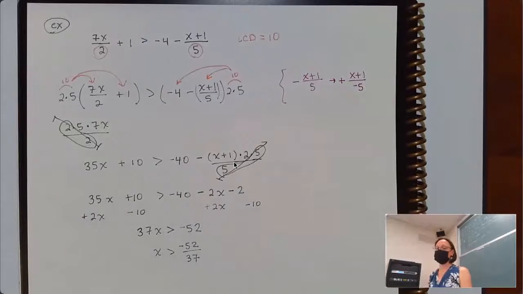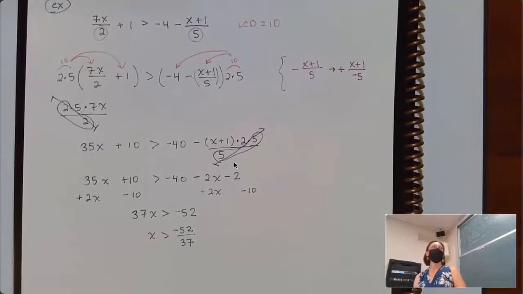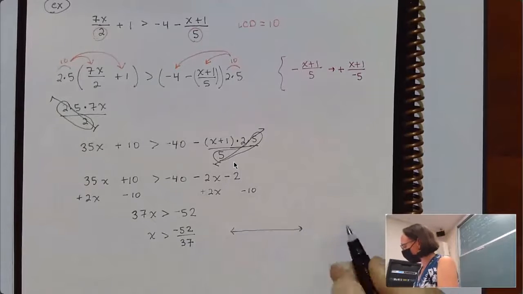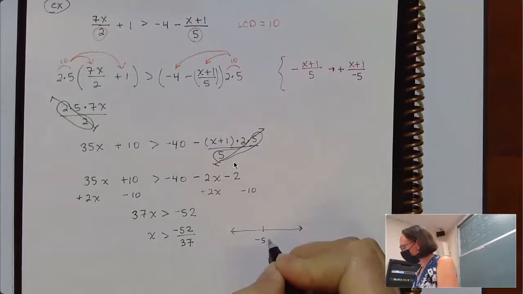Now we could do a quick check and ask ourselves, is that in lowest terms? The 52 for sure is going to be divisible by 2. I can't think of anything that goes into 37. Pretty sure it's prime. So that is in lowest terms. And I can put this on my number line, negative 52 over 37.